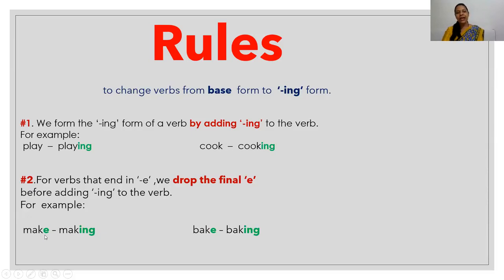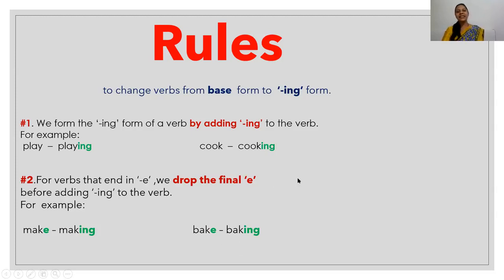So, make is converted into its ing form by writing M-A-K, dropping the E and adding ing at the end. Similarly, bake has letter E at the end. So to convert it into its ing form, we will drop the E and B-A-K-I-N-G is the ing form of baking.